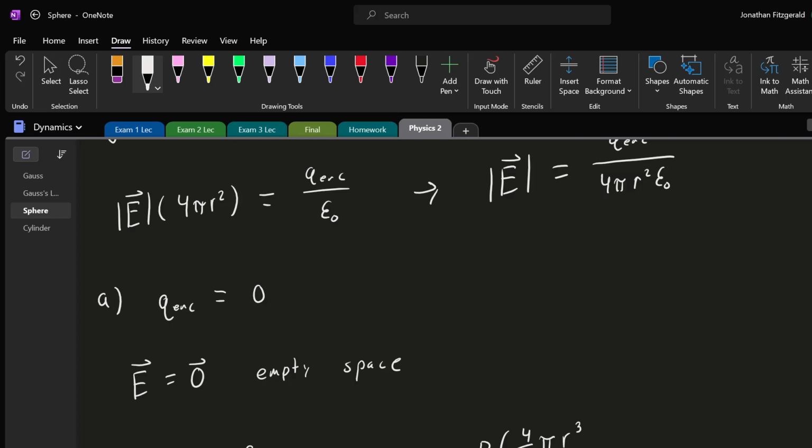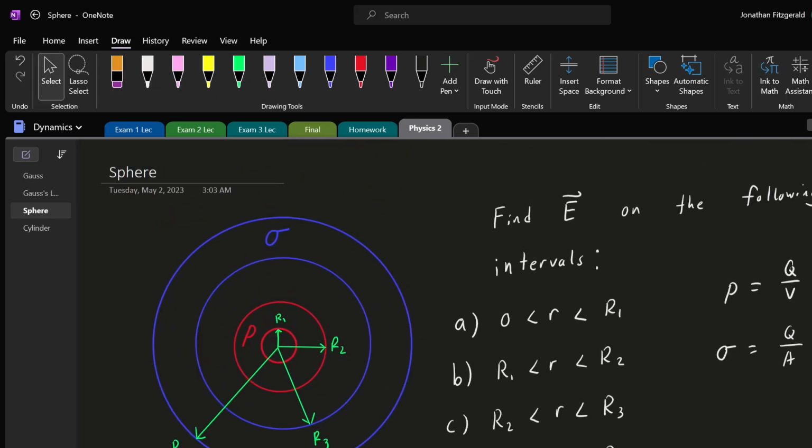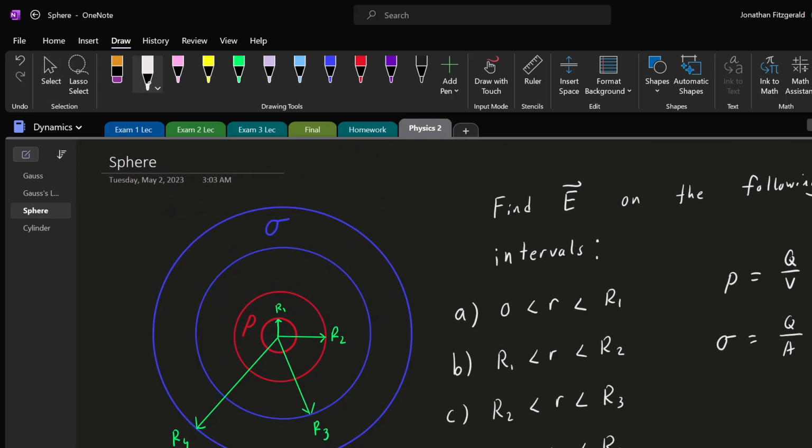So now we have this section of a sphere. So we're going to take the outer sphere minus this inner sphere. The inner sphere radius is R1. The outer sphere radius is a little bit trickier. We're going between R1 and R2, so the radius at any instant of the Gaussian sphere will be our outer sphere.